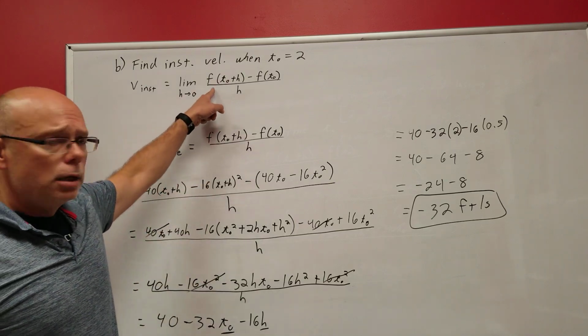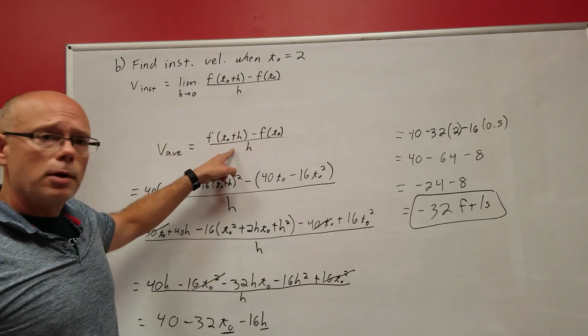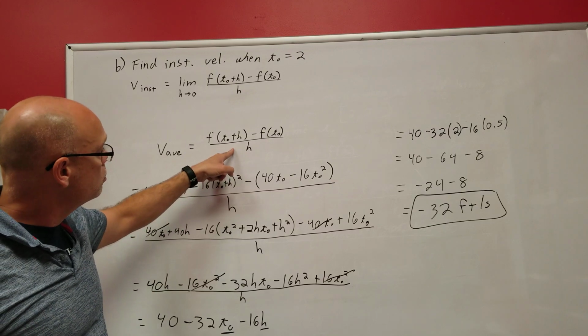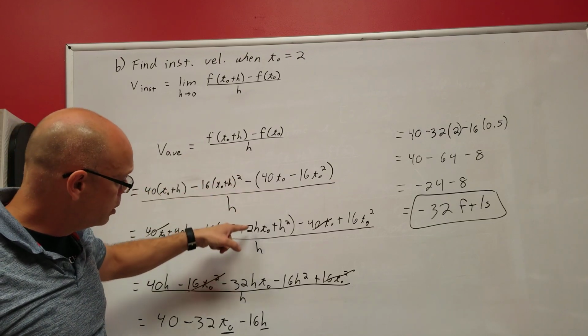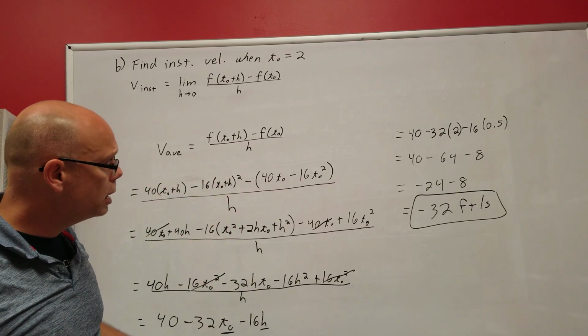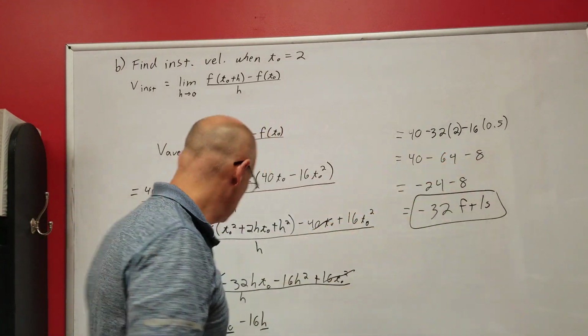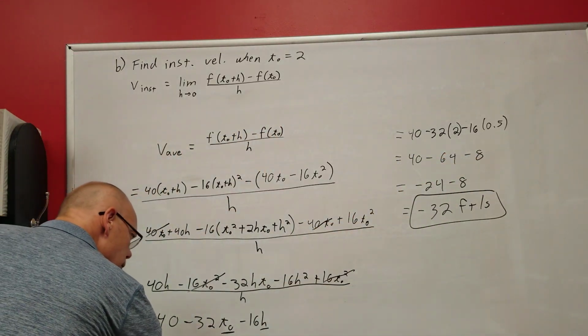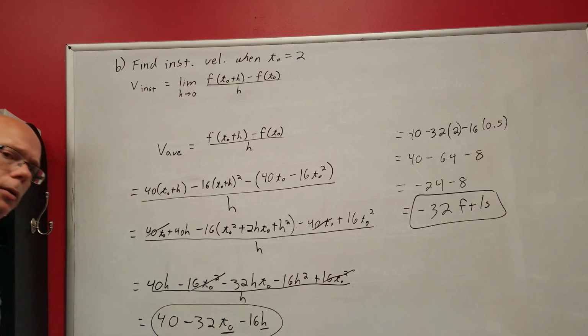Look at this part right here, this difference quotient. That's the same as this part right here. I already calculated this difference quotient, right? And before I subbed any numbers in over here, what did I get for that difference quotient? I got that part right there, right? So I don't need to do the work twice.